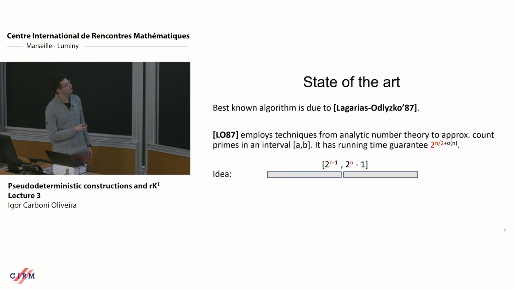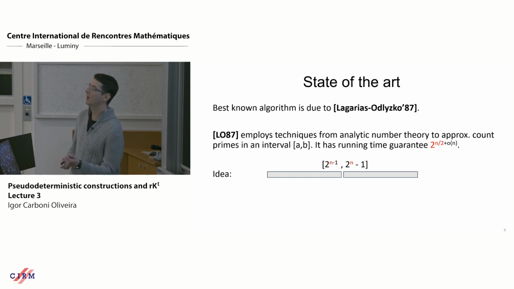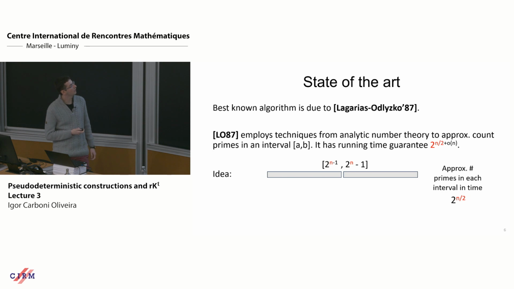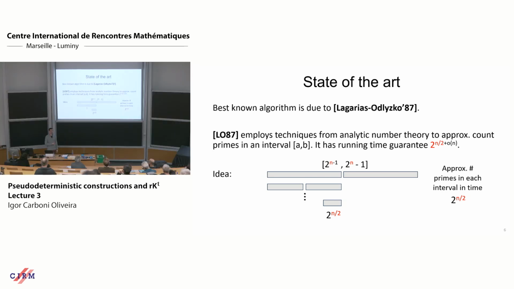Once you have this procedure, you do a binary search. You estimate the number of primes on both sides of the interval, and you recurse on the side where your estimate is larger. You keep doing this until you reach an interval of size just 2^(n/2), where you can brute force all the integers until you find the prime. So that's the best known deterministic algorithm that generates an n-bit prime.